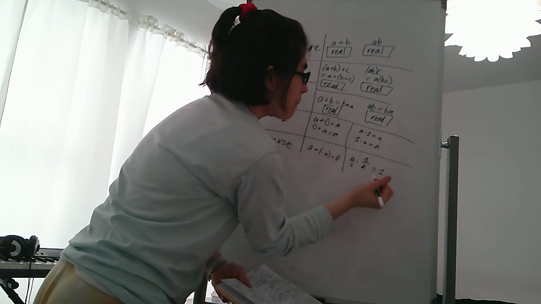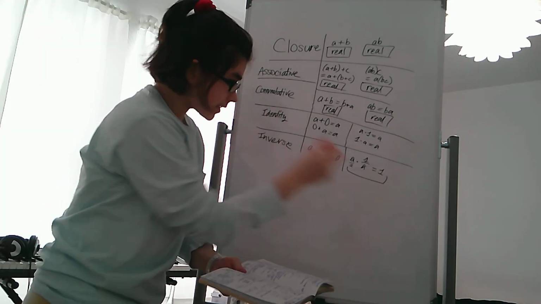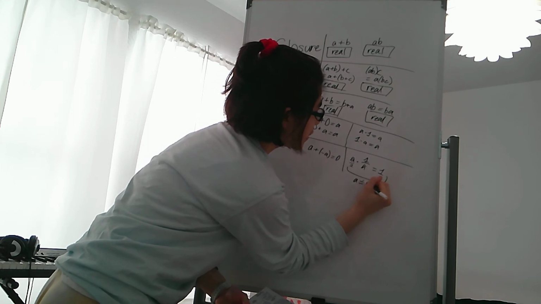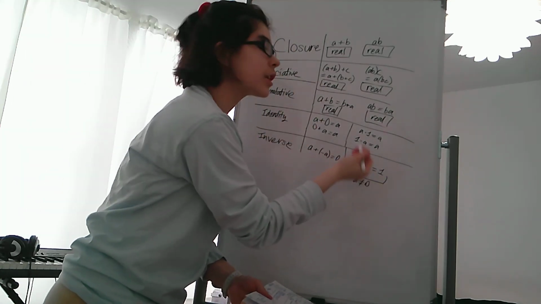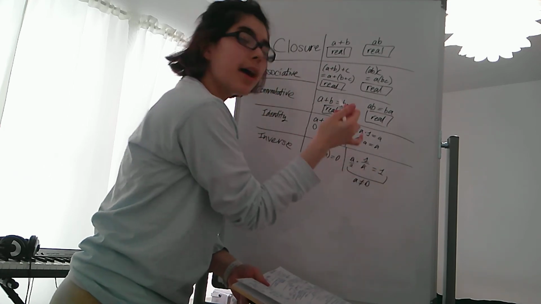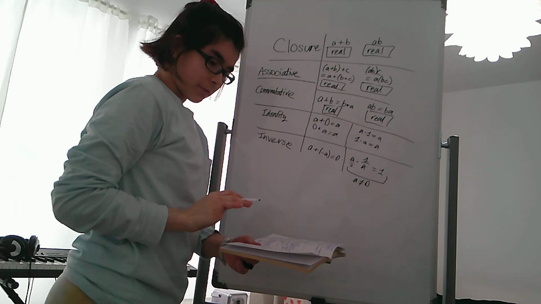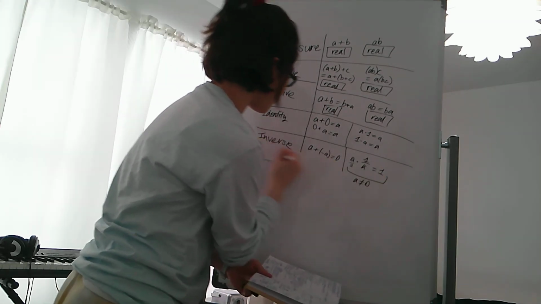But keep this in mind: this only holds true if A does not equal 0, because you cannot divide a number by 0. So A cannot be 0 for the inverse property to hold true in terms of multiplication.